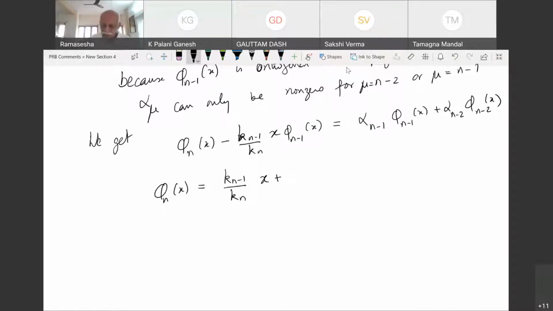So all I did was take this part to the right hand side, and I've just taken Pn minus 1 as a common factor. Now I want to get alpha n minus 1 and alpha n minus 2.